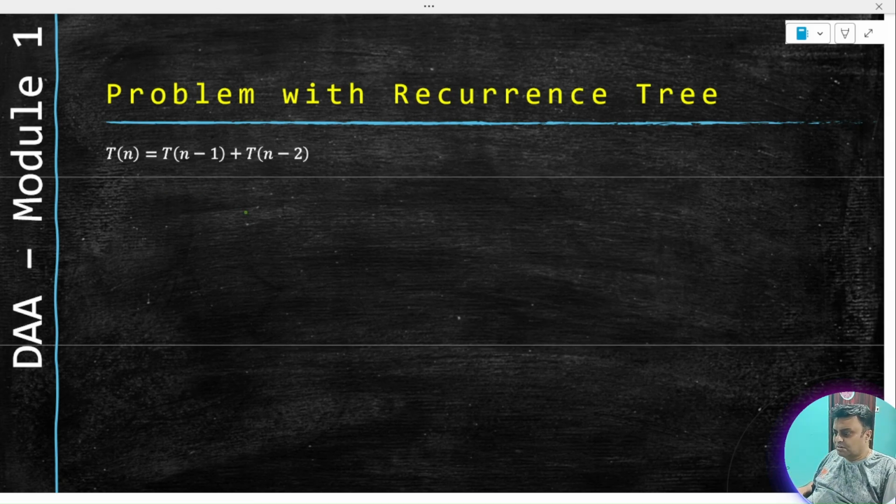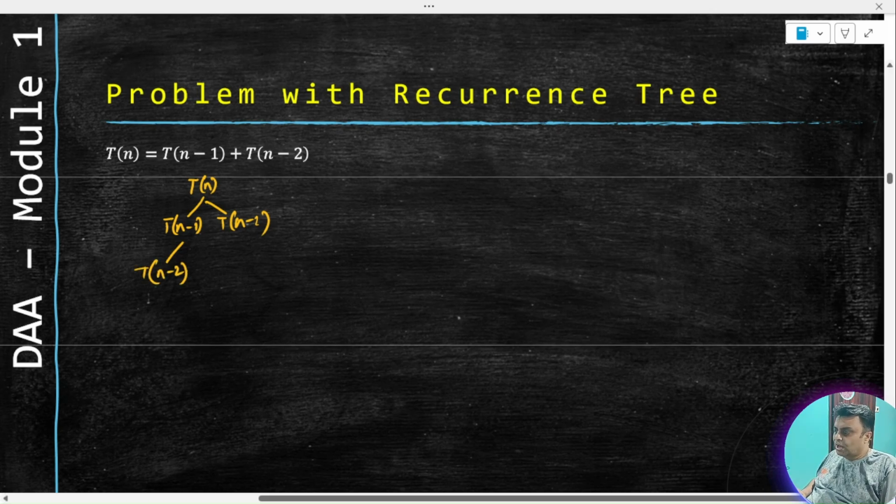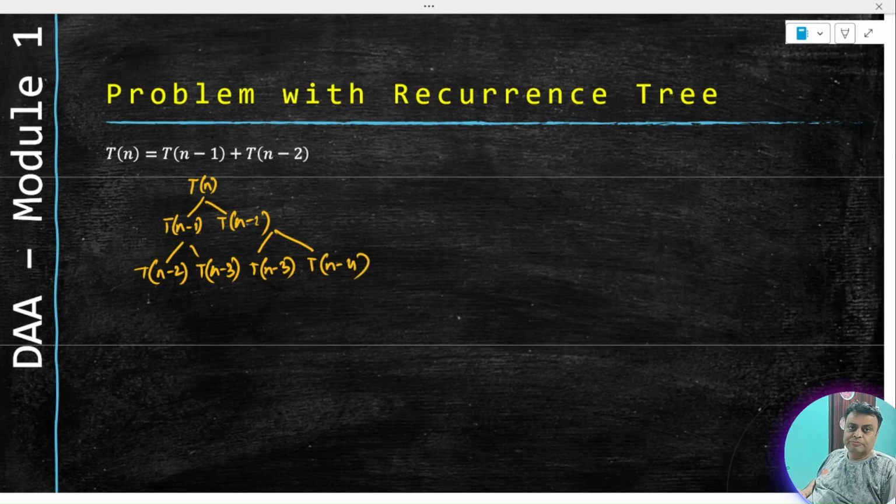So when we talk about, let's say, a recurrence relation T(n) equal to T(n-1) plus T(n-2), if I quickly draw the tree, it will look like this: T(n) breaks down into T(n-1) and T(n-2), and at the next level it further breaks down into T(n-2) and T(n-3), and this will further break down into T(n-3) and T(n-4), and this will go on, right?